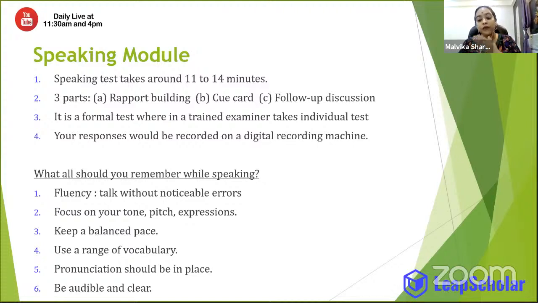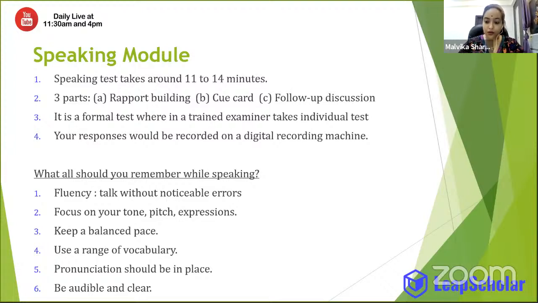But when you come to your follow up section, that is round 3, you might have to talk about related ideas which are much broader in nature. Like if it was a trip, you might have questions about travel, journey, vacation, holidays. Got my point? So it's much broader in nature.